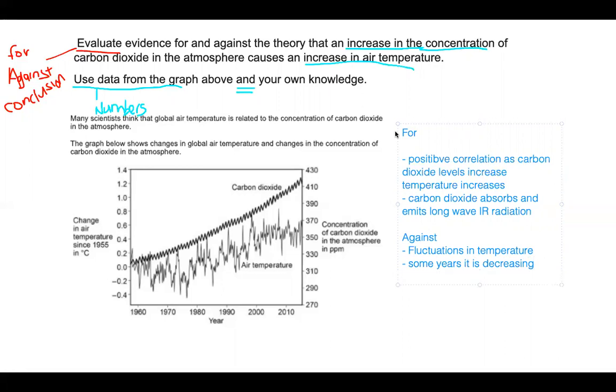There might also be other factors that have contributed to temperature rises instead of just carbon dioxide. And we're only looking at one graph there, so it's not 100% conclusive.